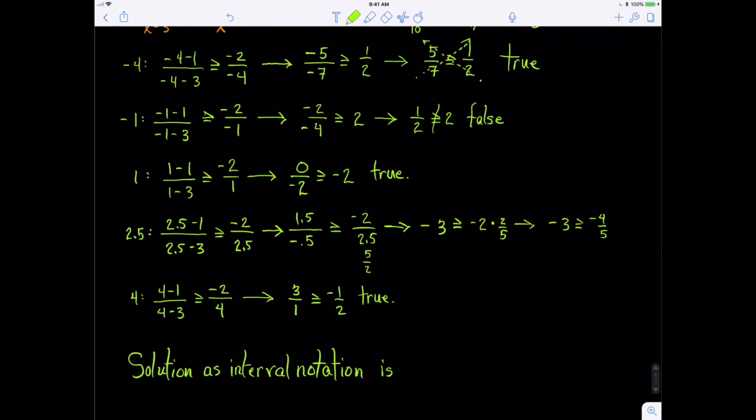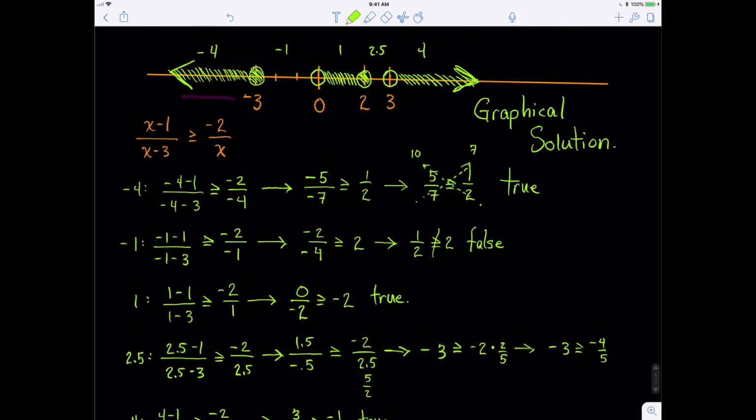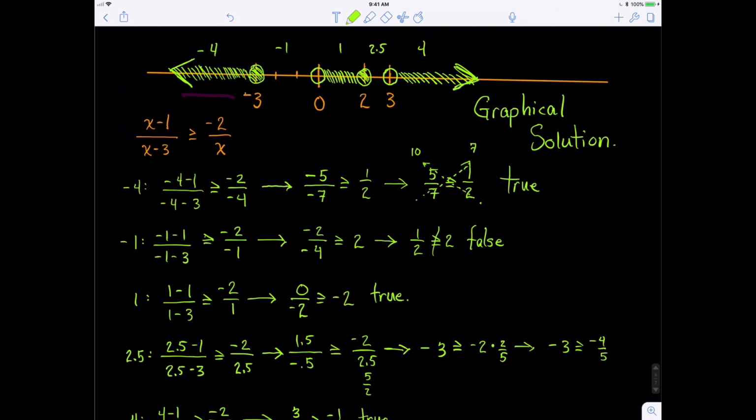So infinities always get parentheses. So we go negative infinity up to negative 3. And notice that negative 3 has a solid dot. So it's got a solid dot here.